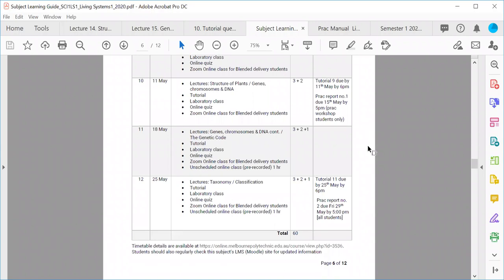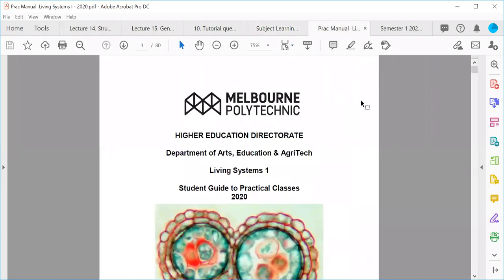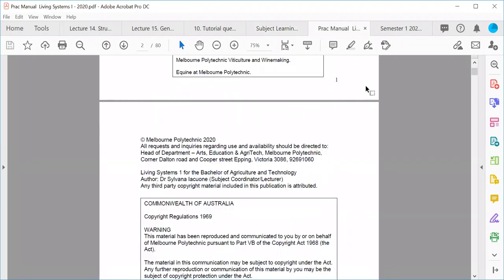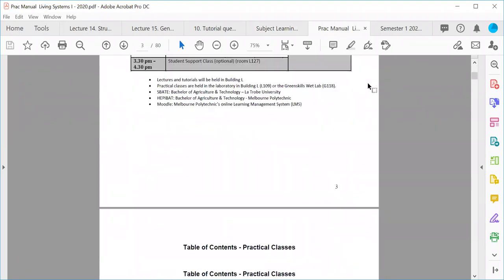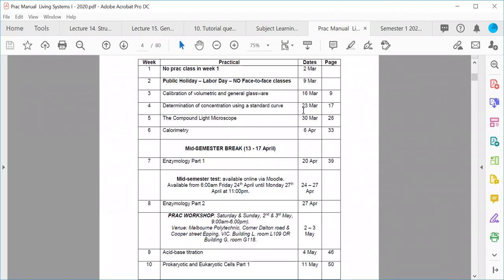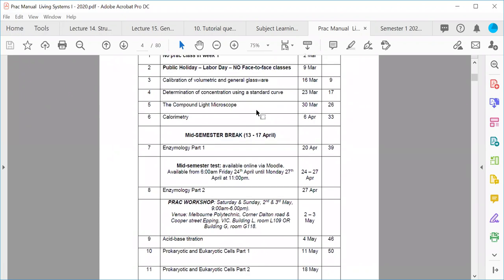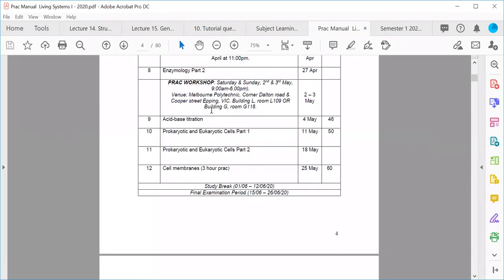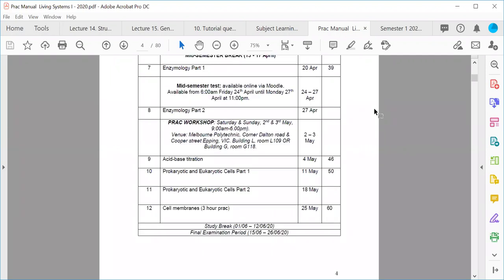Okay, so that's your assessments. I think everyone knows what pracs they need to be writing up: the standard curve for prac report number 1, and acid-base titration for prac report number 2.